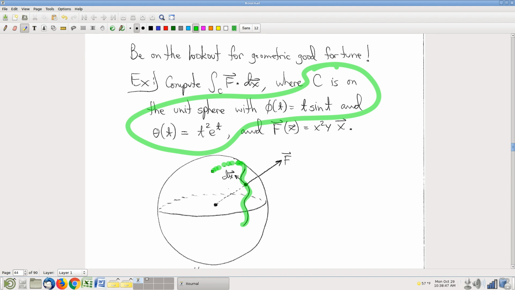I'm on the surface of the unit sphere here. So if you're on the unit sphere, and phi and theta are functions of time, then that gives you position as a function of time, and you can parameterize again by plugging these formulas for phi and theta into the formulas for spherical coordinates. We're on this unit sphere, so rho equals 1. So that's a parameterization of a curve given in a weird way.